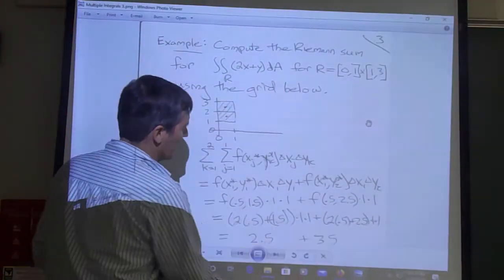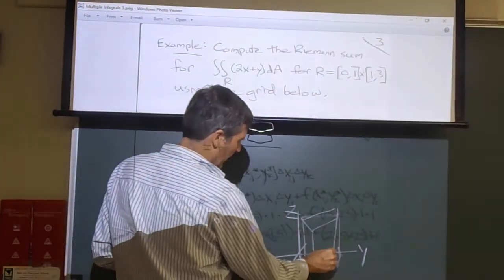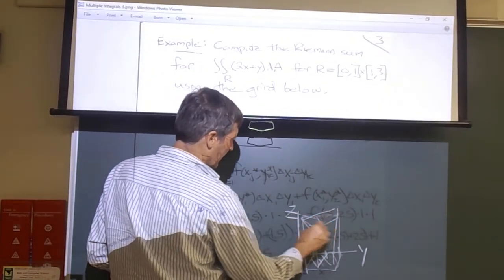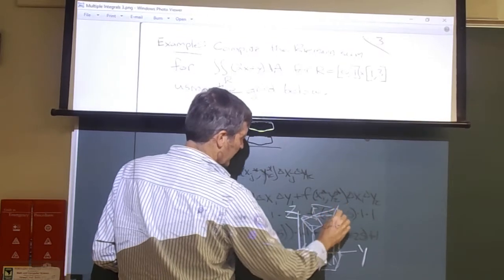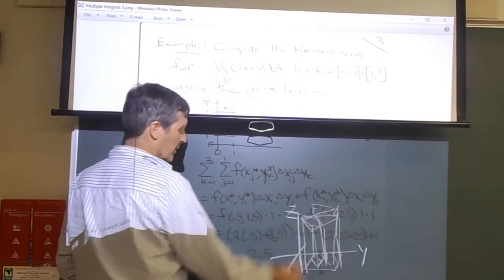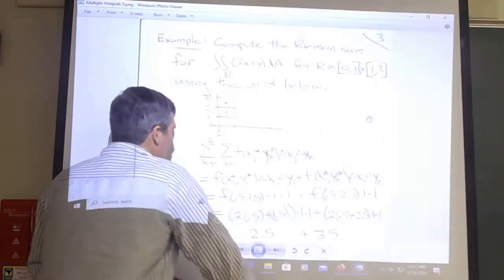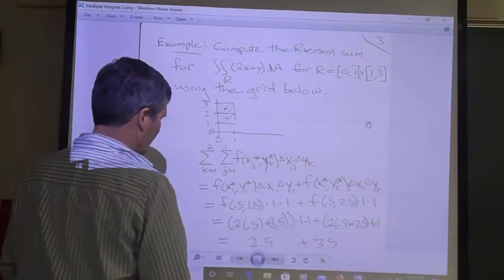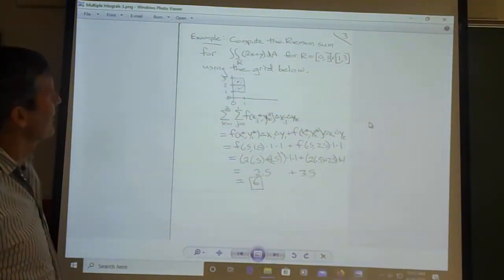And so we can add up two boxes, one over this region and another rectangular box, add those up, and say the sum of those two things is approximately the volume below the plane. And this is 2.5 plus 3.5, we wind up with 6 for our estimated volume.